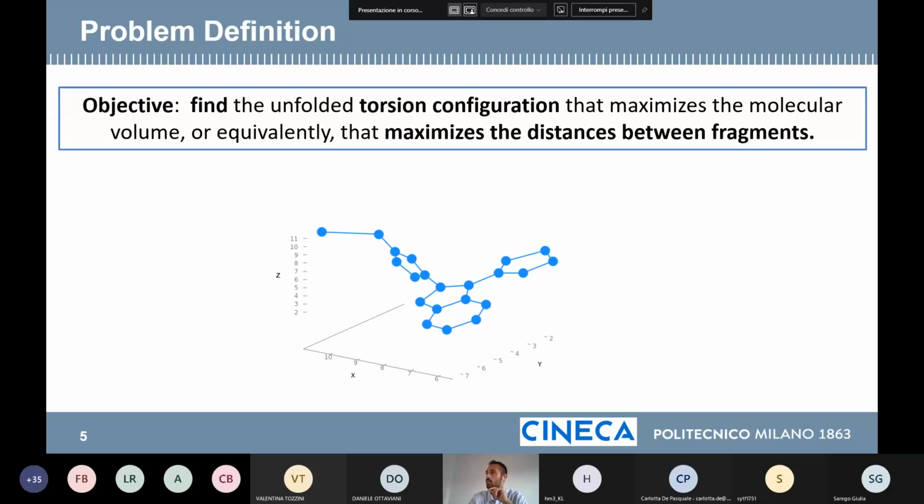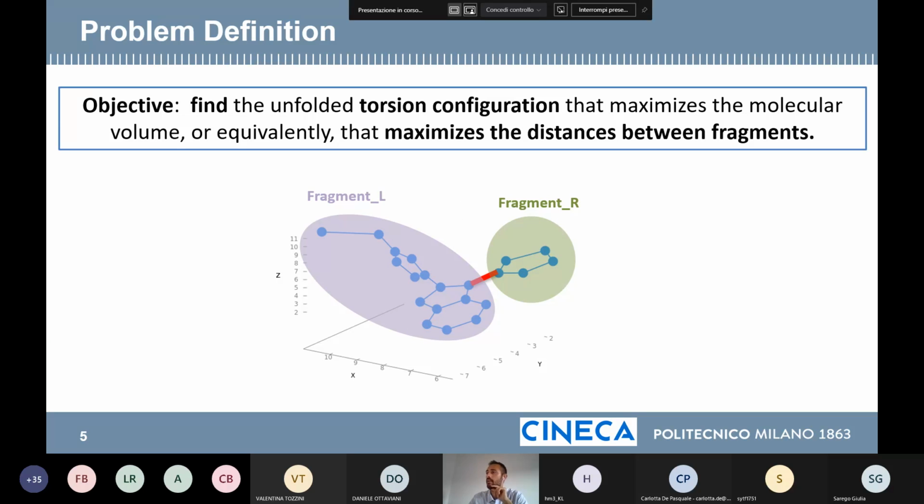Okay, so what does it mean? This is a graph representation in 3D space of your molecule. These are the rotatable bonds. Not all the bonds between atoms are rotatable, only some of them, and we already know by default which are the rotatable bonds of a molecule. They are specified in the mol2 file that describes the molecule.